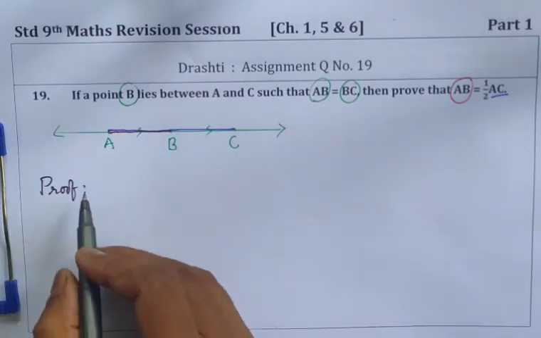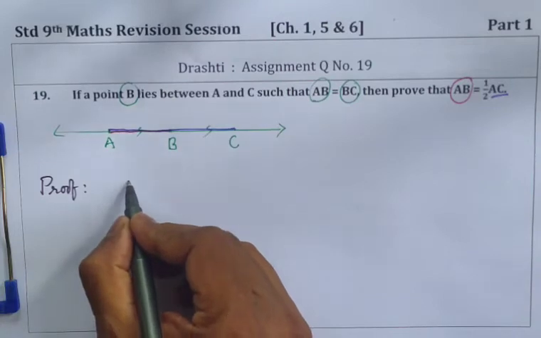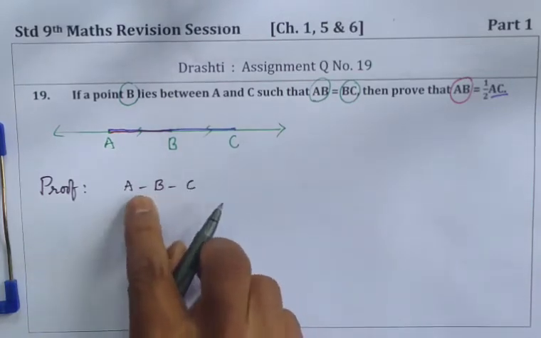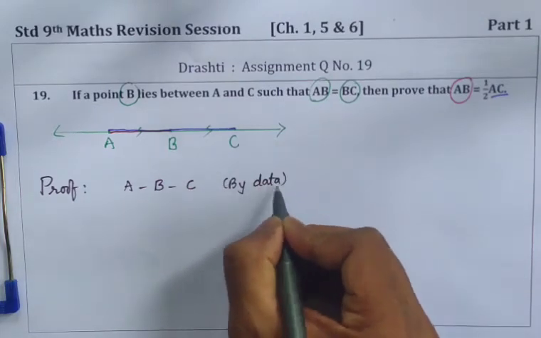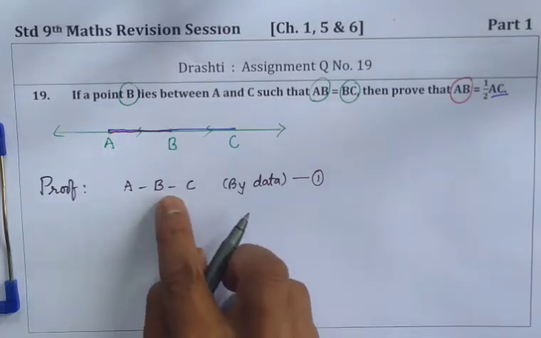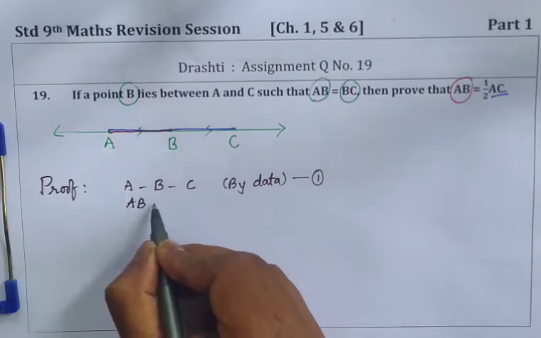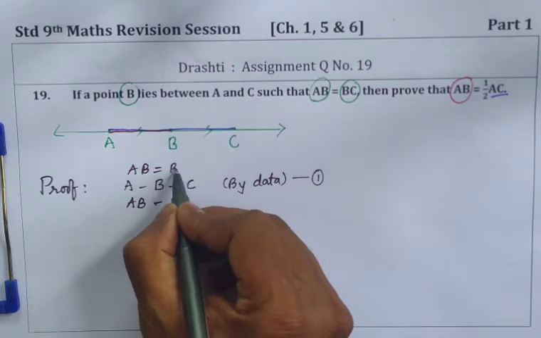Proof. Now look here. B lies between A and C. So what you have? A-B-C. B is lying between A and C by data. Call it result number 1. So AB is equal to BC.